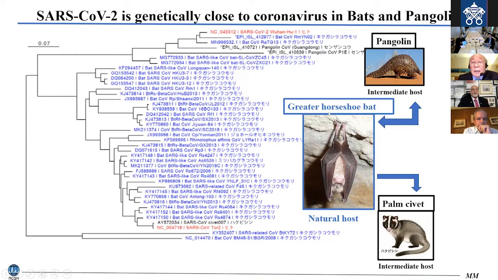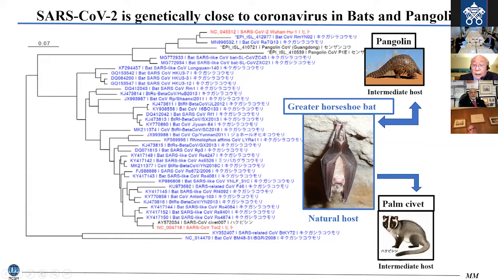Mainly the greater horseshoe bat is infected and has infected humans, as already reported. The Wuhan virus in particular is strongly associated with the pangolin, which is used in Chinese medicine. This phylogenetic analysis strongly suggests they infected each other and back again.